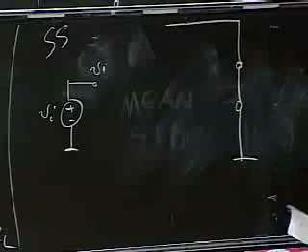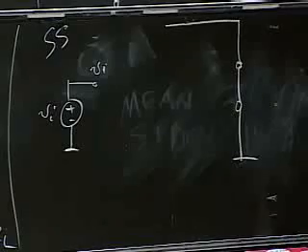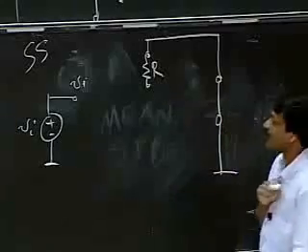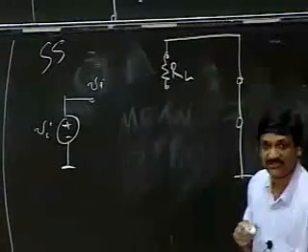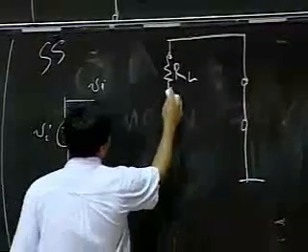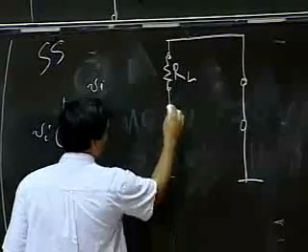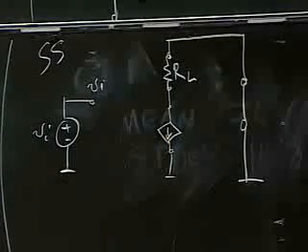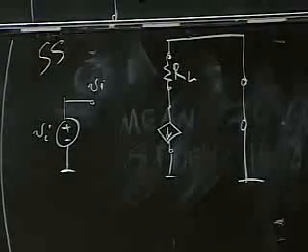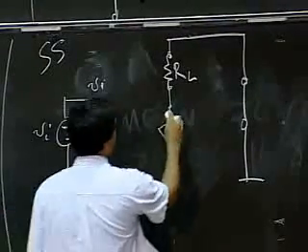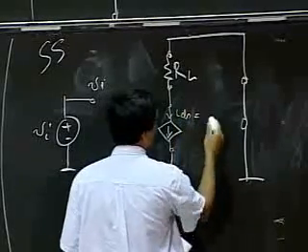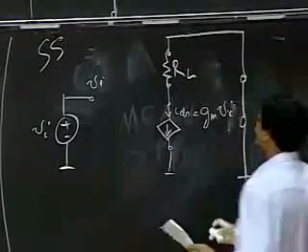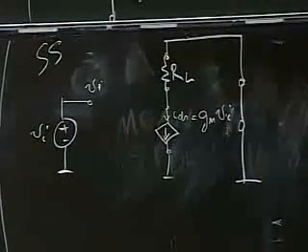And then I replace VF with a short. I replace RL with an R, because it's an RL itself for the small signal model. And then for the dependent source, we discovered that the dependent source was a linear dependent source, where small IDS was given by GM times vi.